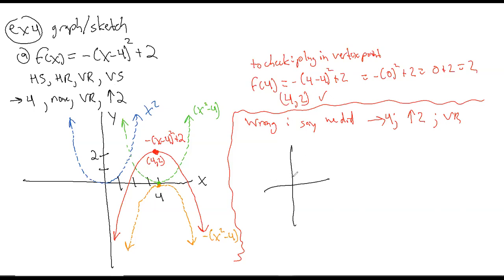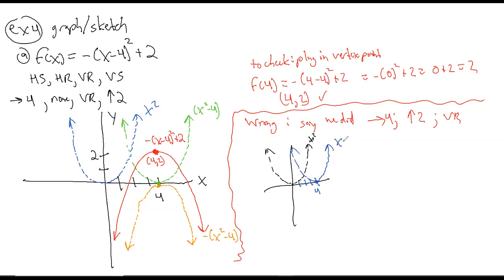So we have our x squared graph originally. So that's x squared. We're then going to shift it right 4. Right 4, right 1, 2, 3, 4. So that's right 4. And we're still pointing up.